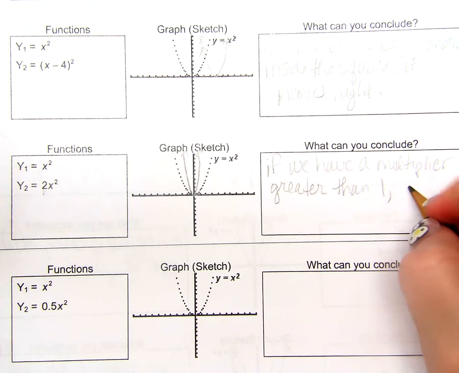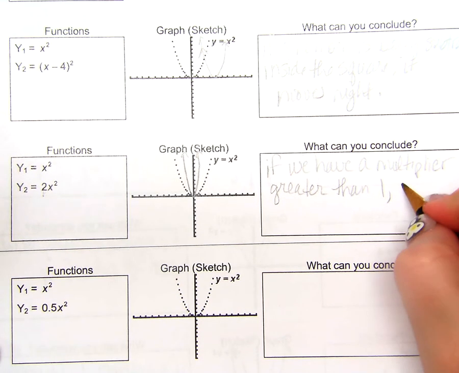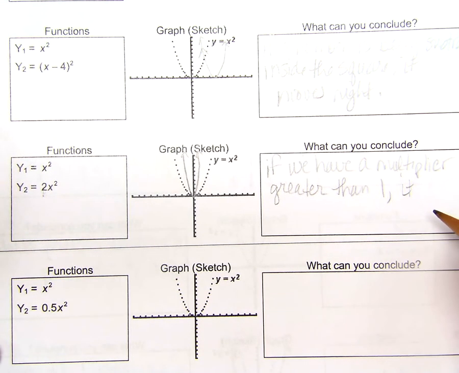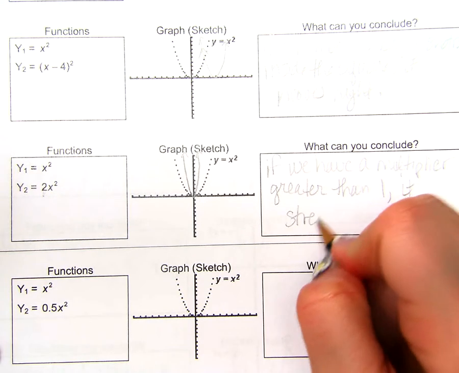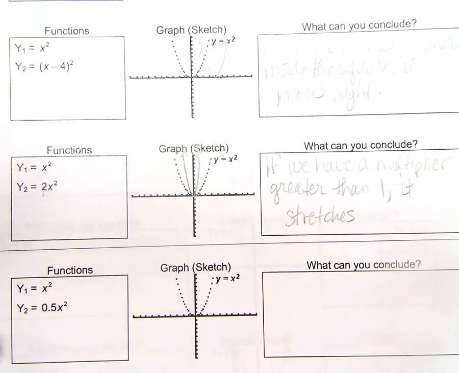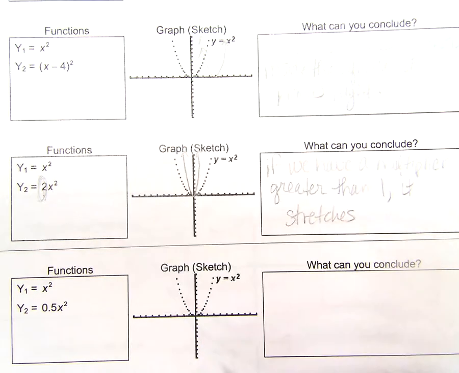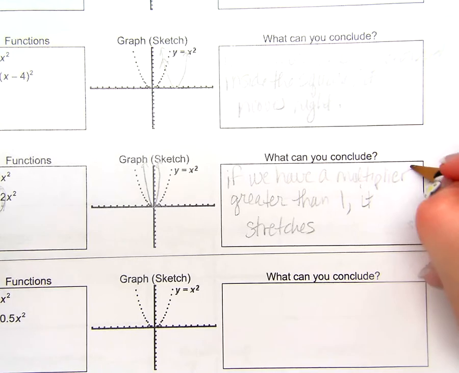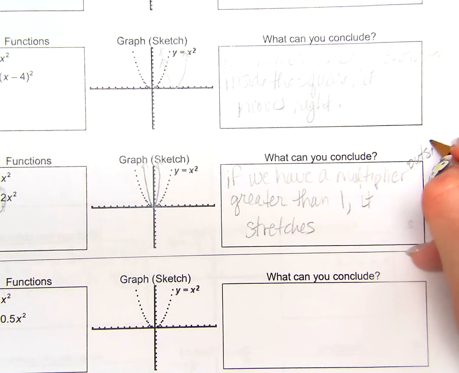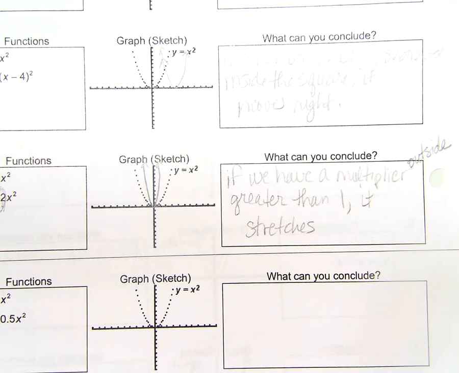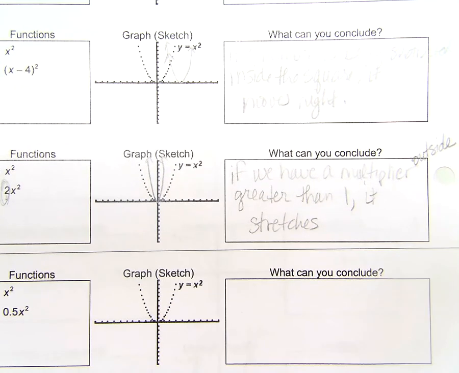Then what? It stretches. Now, we can say that because this is on the outside. So if we have a multiplier outside, okay, then it stretches.